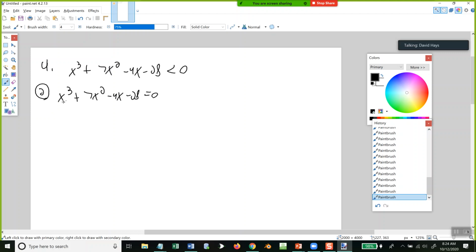Well, this one I can factor by grouping. So group first two terms together, group last two terms together. First two terms have an x squared, and that gives us x plus 7. Second group has a negative 4 in common, and that gives us x plus 7. Now they both have an x plus 7 in common, so I'll factor that out, and that gives us x squared minus 4.